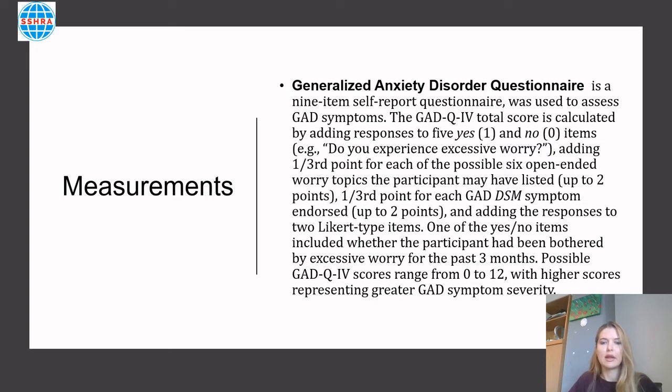Again, it's a Likert type scale, and one of the yes/no items included whether the participants had been bothered by excessive worry for the past 3 months, and possible scores range from 0 to 12, with a higher score representing greater generalized anxiety disorder symptom severity.